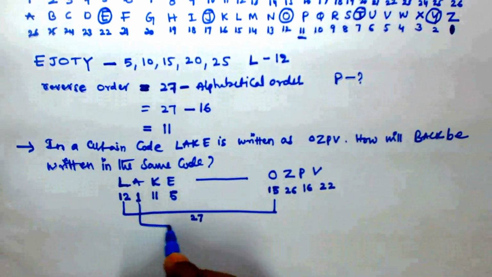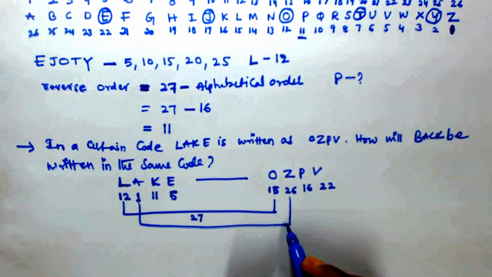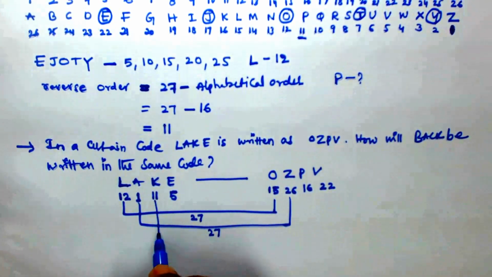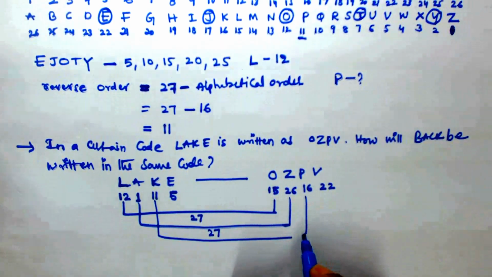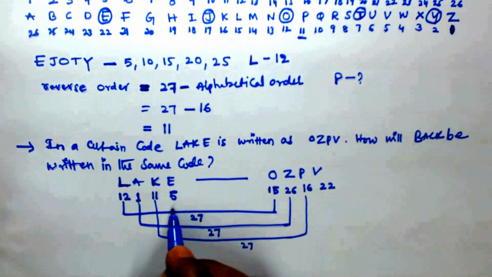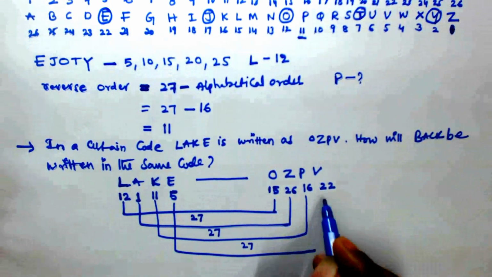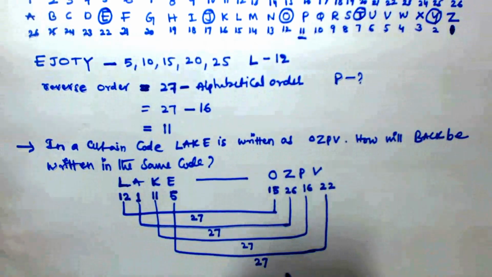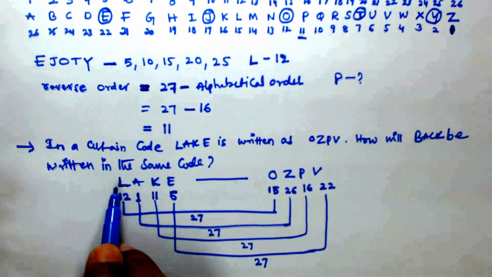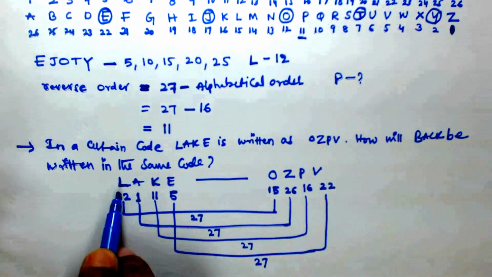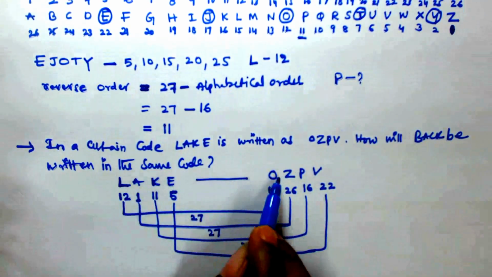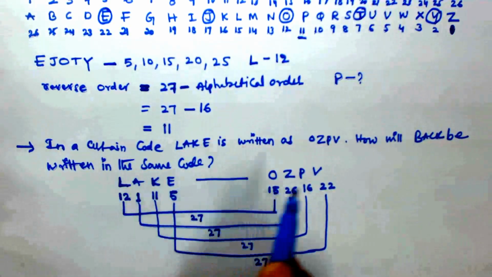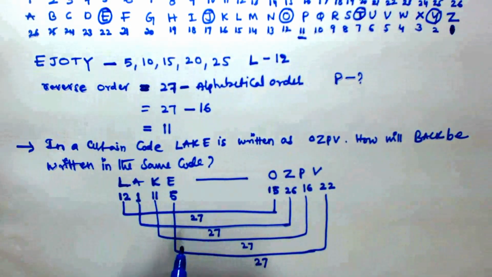In the same manner, 1 plus 26 is also 27, 11 plus 16 is also 27, and 5 plus 22 is also 27. So what is the coding order? The sum of the alphabetical order of the letter and its coding letter is going to be equal to 27.